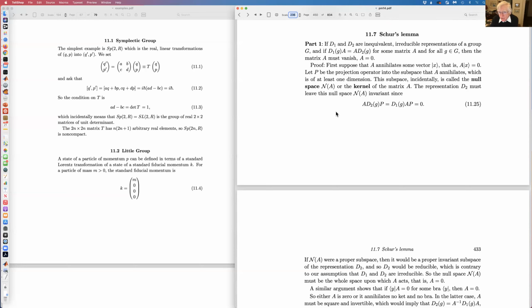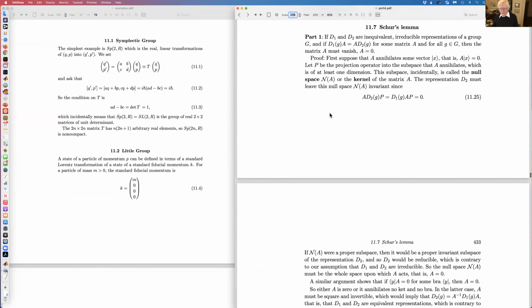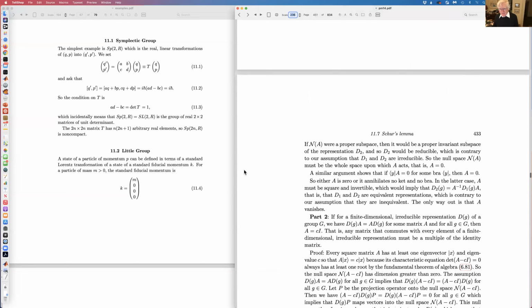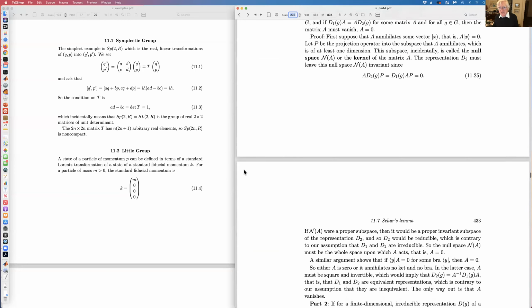Then what Schur showed was that A had to vanish. We can go through the proof if you want, but I think it's probably better for me to let you read the proof.